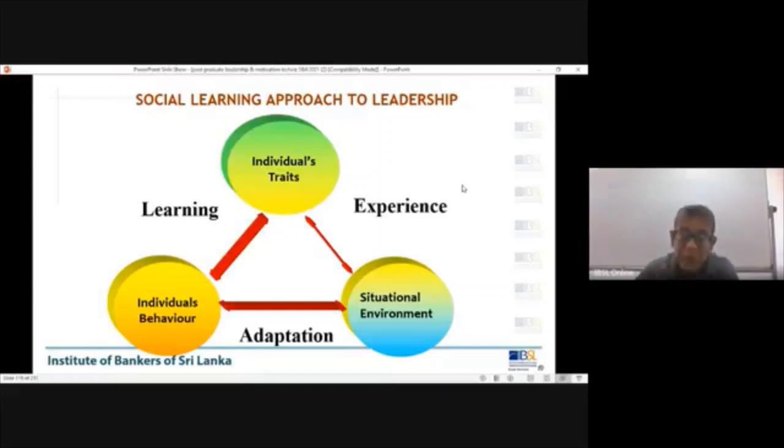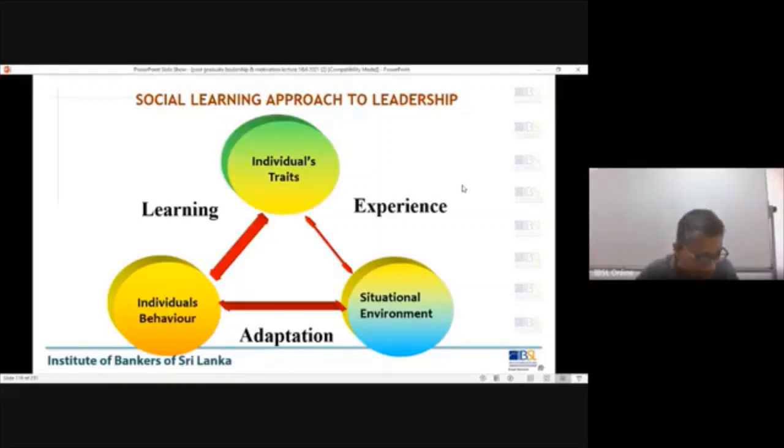Now, individual traits may be learned by an individual. Based on the learning, he will adapt according to the given situation, and it will count the experience. This is the social learning approach.